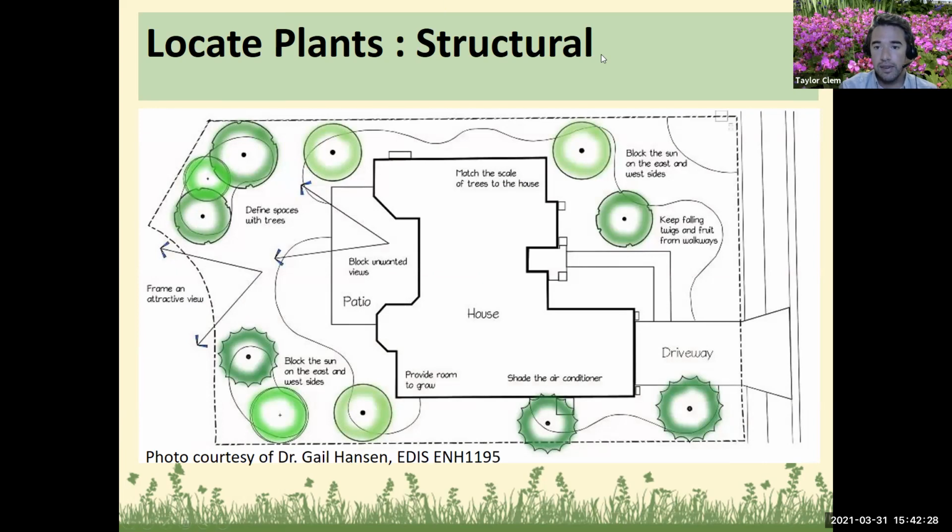So in this image, looking at these trees, I really like this one. They can help define spaces. You can see these 3 trees here are helping define this space. But then those 3 trees in conjunction with these trees frame this view.